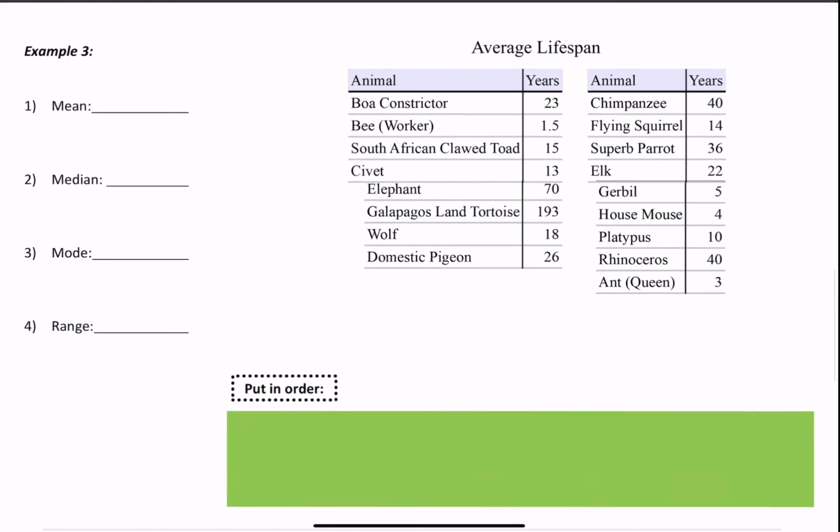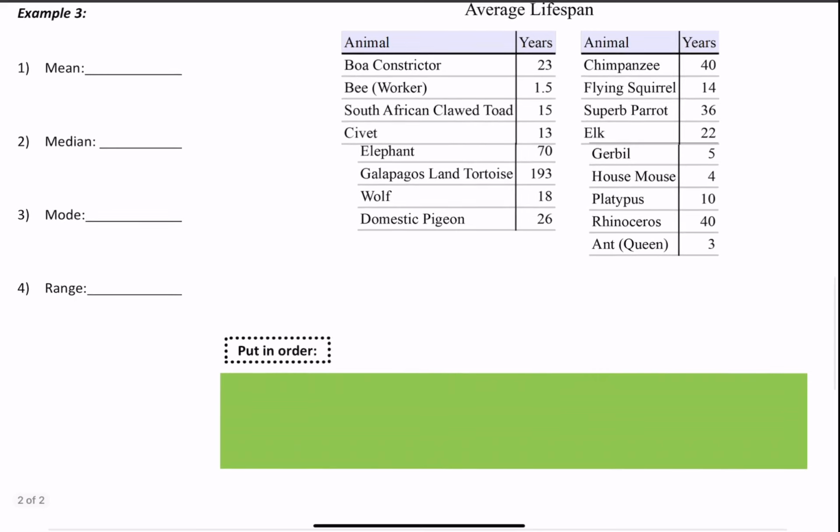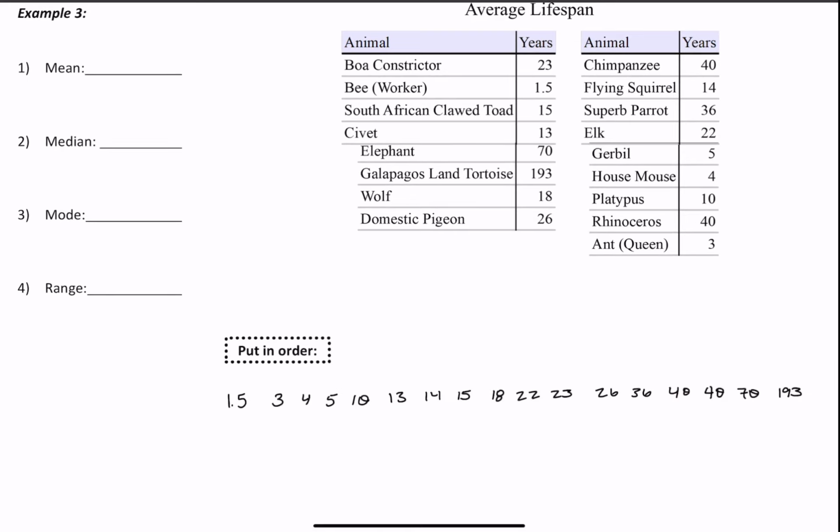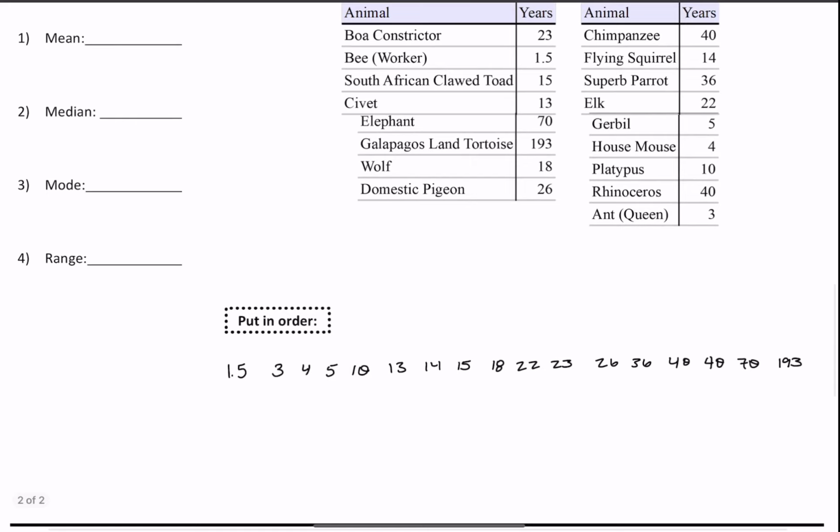All right, so here is the next example, and you will want to put your numbers here in order. And for the sake of time, because I've already shown you how to do that, I'm going to kind of cheat, and I already have my numbers put in order, okay? Isn't that nice?